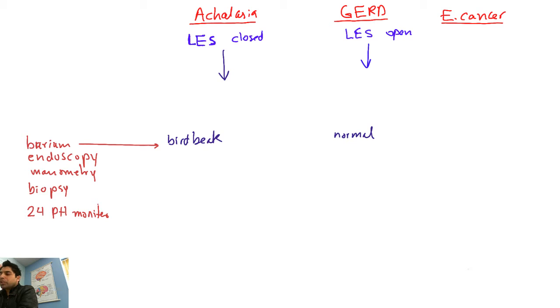Then if there's a stricture, you will see what? Esophageal obstruction. It wouldn't be nice and smooth like bird's beak, but it would be like this, maybe a gap here and here. So all around the esophagus will be dark, the esophagus will glow, and let's say here's the stomach.